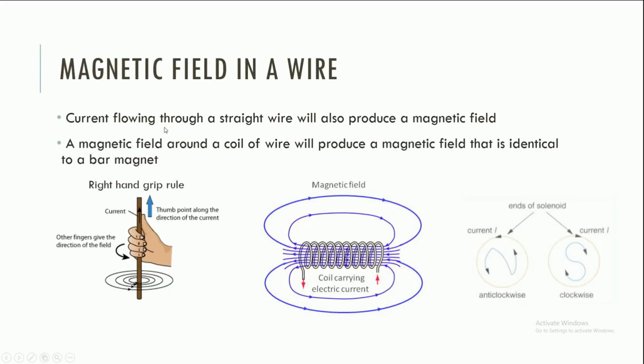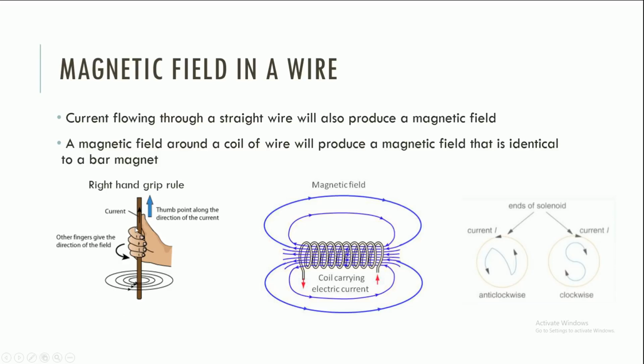So, while we're on the topic of electricity, of course, current flowing through a wire also magically produces a magnetic field. A magnetic field around a coil of wire will produce a magnetic field that is very basically identical to what we saw of a bar magnet, right? So let's go through the magnetic field through a straight wire on the left hand side first, right?